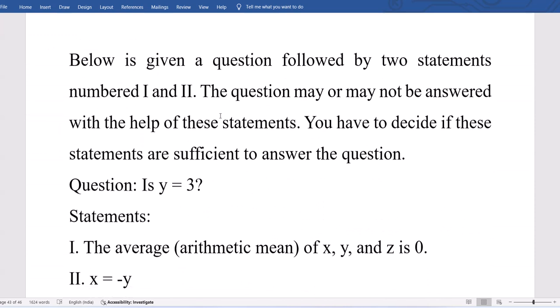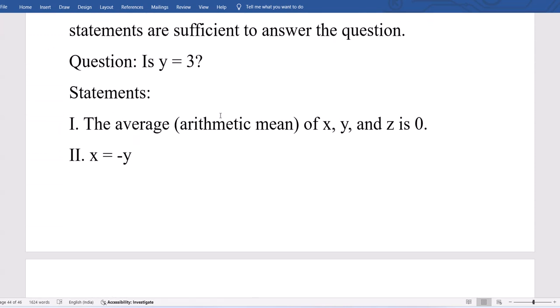Now let's focus on data sufficiency. Now let me see how many of you can answer. Is y equal to 3? Yes or no? Answer can be yes, answer can be no. But to answer that, which data is required?